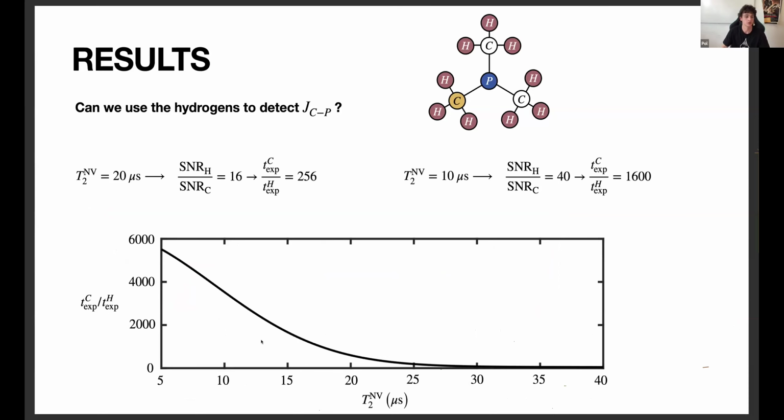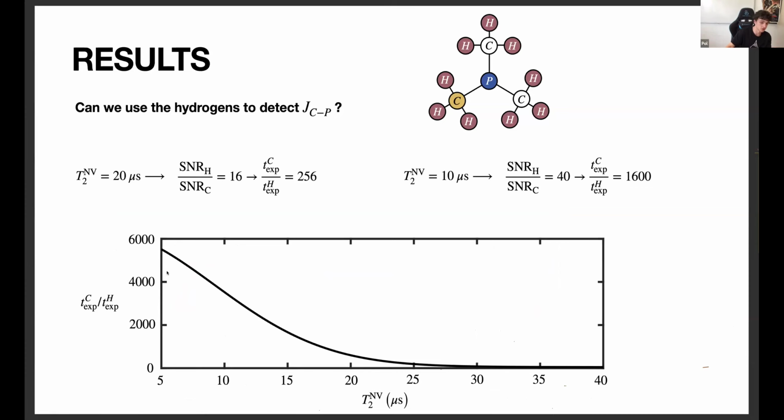And this is for you to notice the relationship between the improvement in the experimental time versus the decoherence time of the NV ensemble. So for short decoherence times, our sequence is much better because hydrogens oscillate much faster, leading to higher signal-to-noise ratios, or to the same signal-to-noise ratio but with less time.